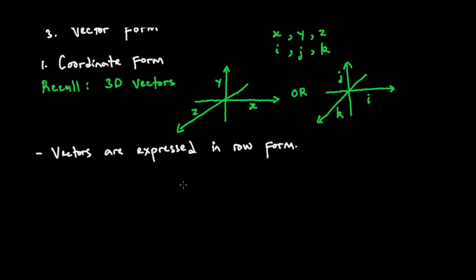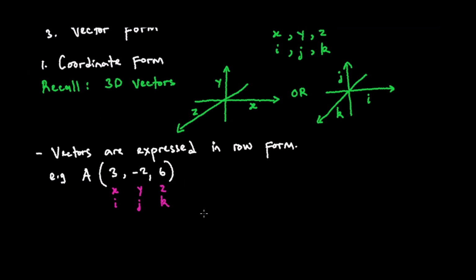And if we are to cite an example, say we have vector A, we write it like this: (3, -2, 6). This is our example. What's important to note is 3 is x, then y is -2, z is 6, or I, J, K, like that. So that is the coordinate form.